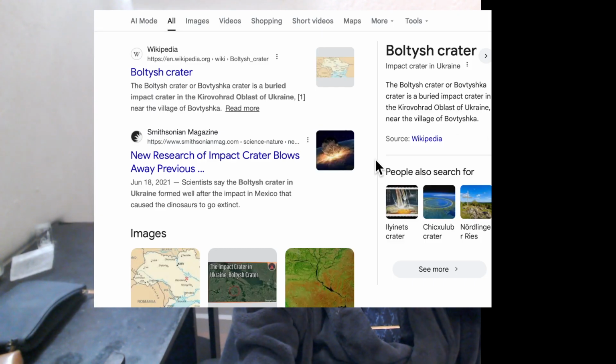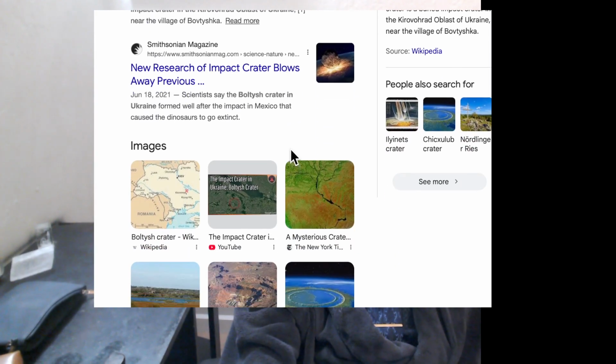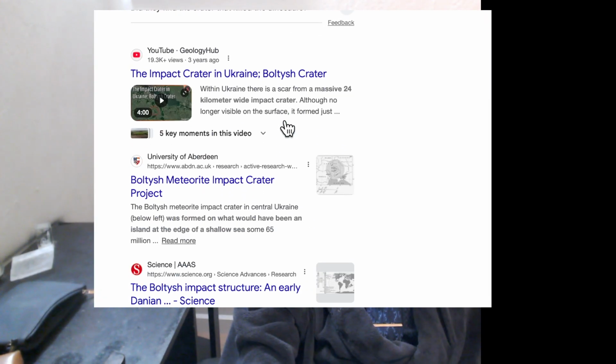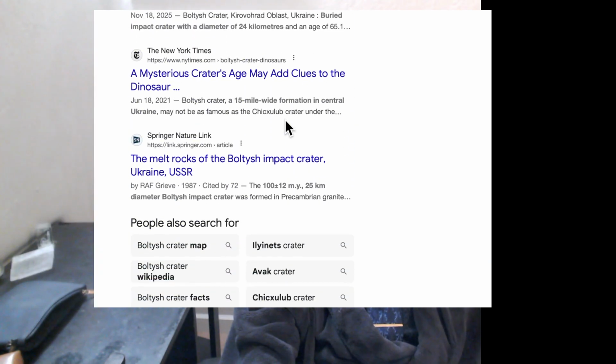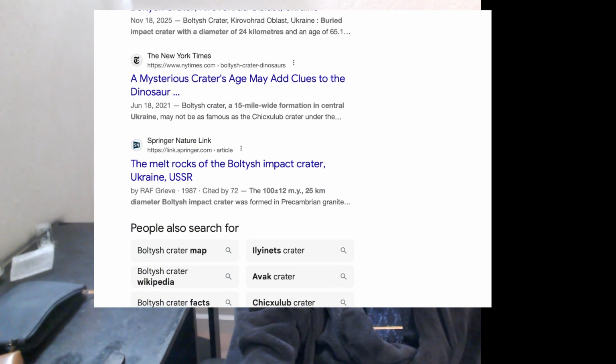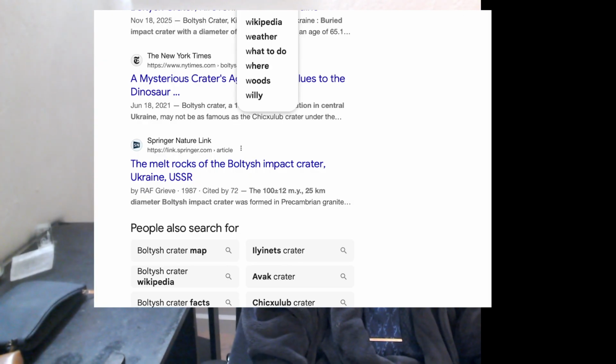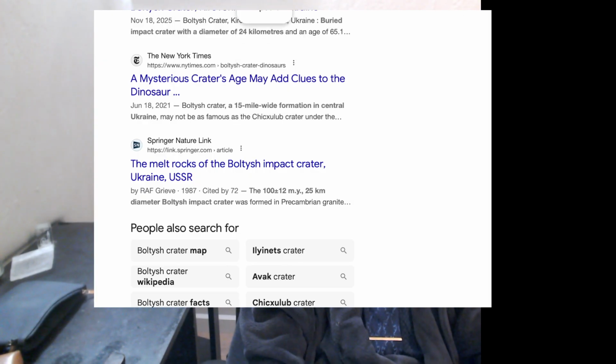I don't believe that I've ever heard that iridium was discovered in this one. This is considered to be quite ancient, but I mean, you get tired of hearing that, of course. Everything is quite ancient. So we do want the Wikipedia. I always rely on it if I see that right away. I don't see it, so I'm going to type it in. Boltysh Crater, Wikipedia. Yes.